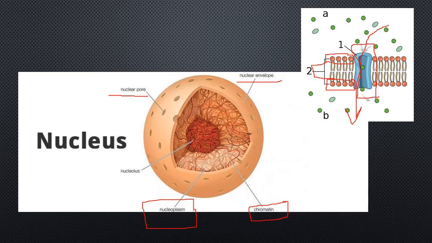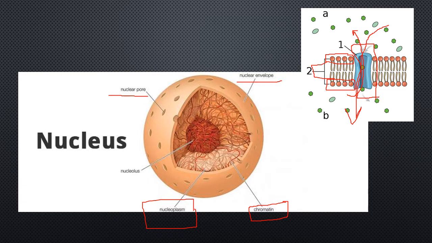So mRNA that is produced within the nucleus needs to be able to cross these nuclear pores as well. And they often are accompanied by what we call a signal protein that tells the transport protein it is okay for the mRNA to exit the nucleus. So it's a very regulated transport of items inside and outside of the nucleus.